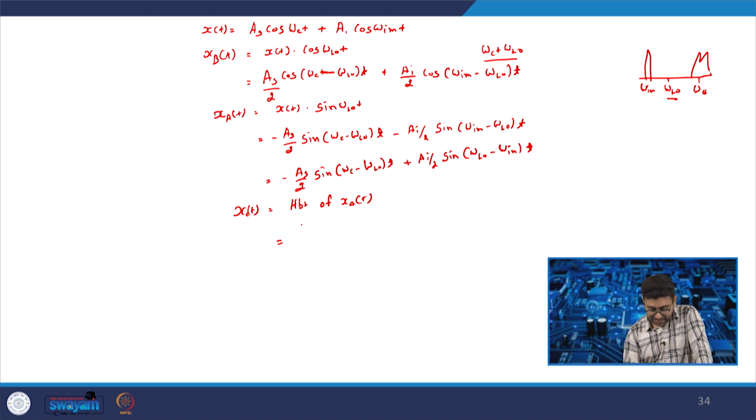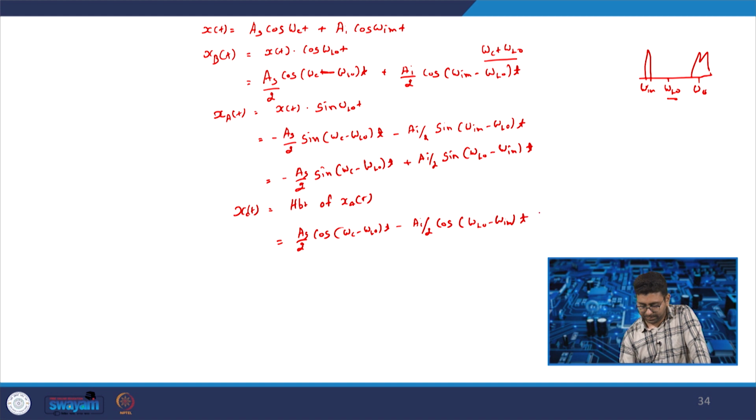So, we will consider minus Ac by 2 cos (omega c minus omega LO) t, minus Ai by 2 cos (omega LO minus omega im) t. In this case you can also write cos (omega im minus omega LO); both terms will be the same.